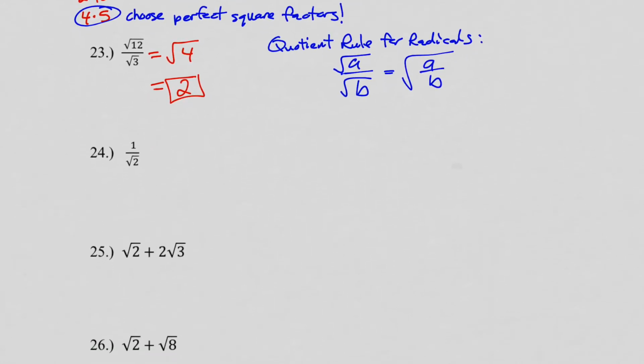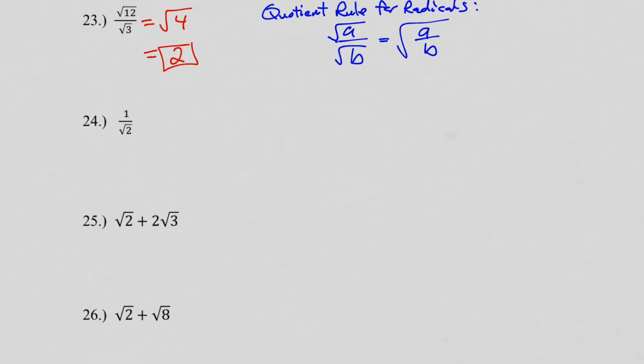So when we get to number 24, you may look at 24 and say, hey, what's wrong with that? I don't see anything that we need to do. And you're kind of right, but there's another rule that says you can't leave your answer with radicals in the denominator.